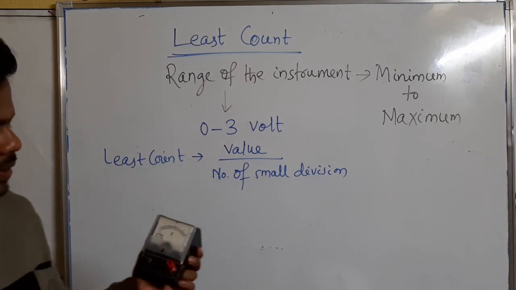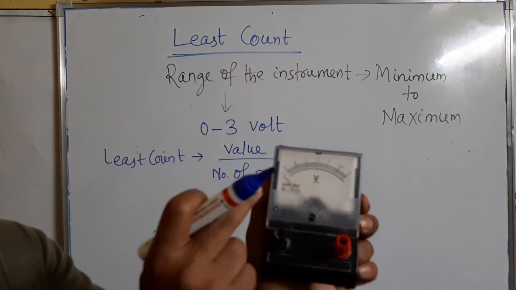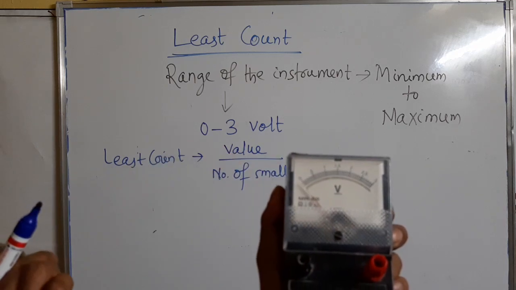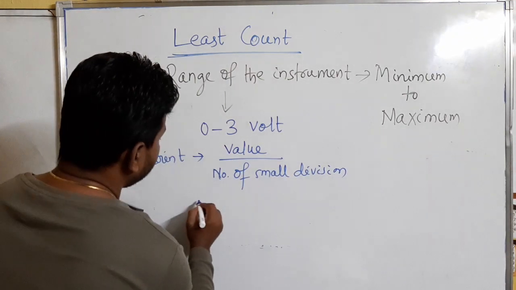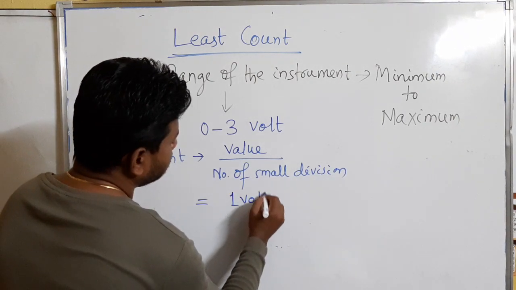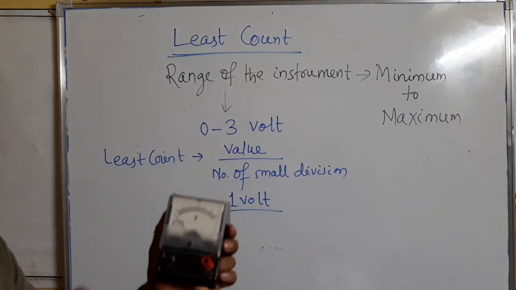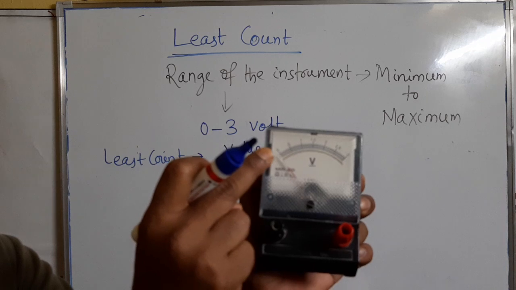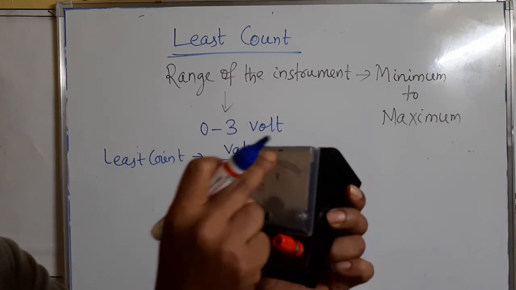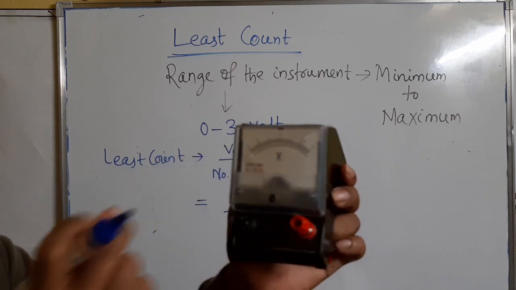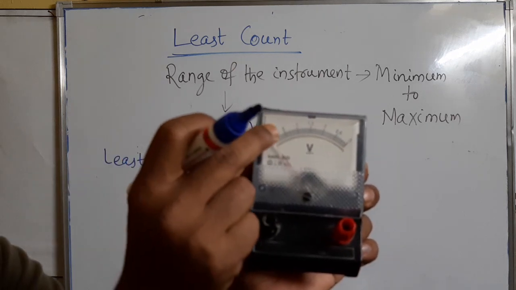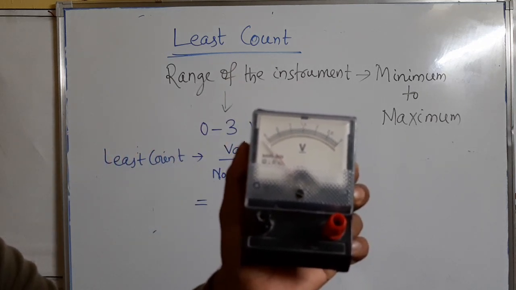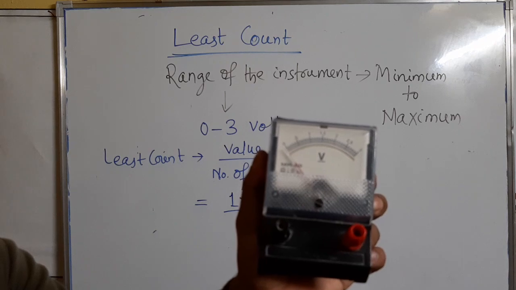So what is the value here? As I have told, the value is from 0 to 1, so here the value will be 1 volt. If you count the number of divisions from 0 to 1, you will find there are 20 divisions, because from 0 to 0.5 there are 10 divisions, and from 0.5 to 1 another 10 divisions.